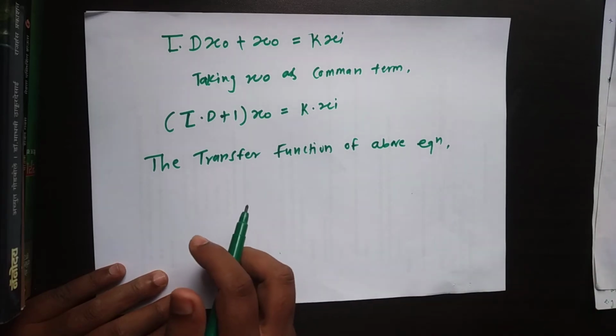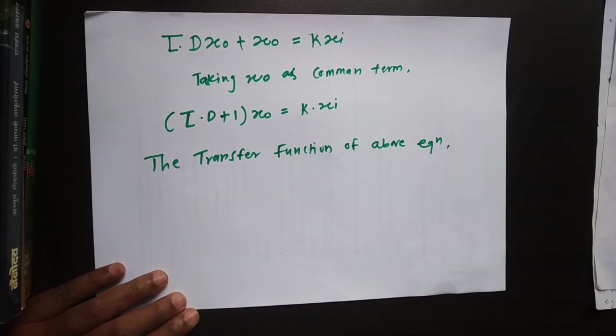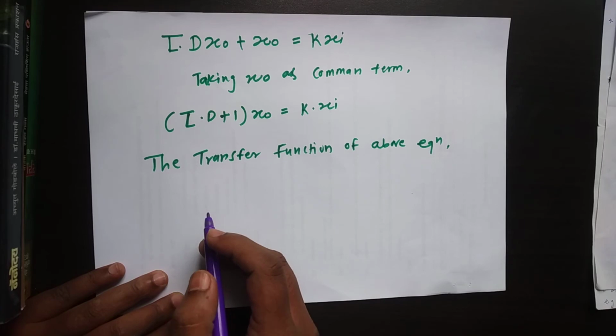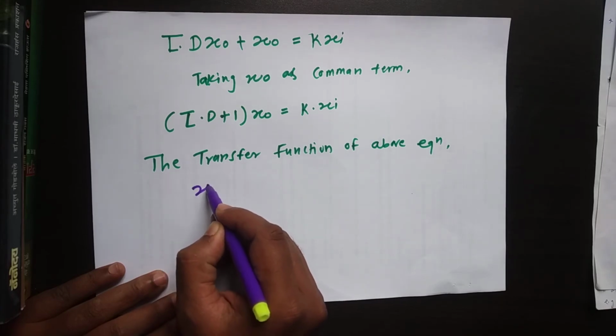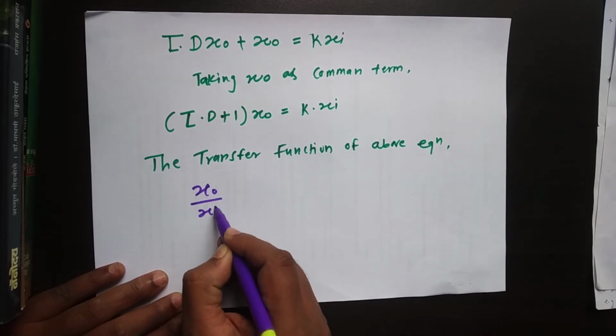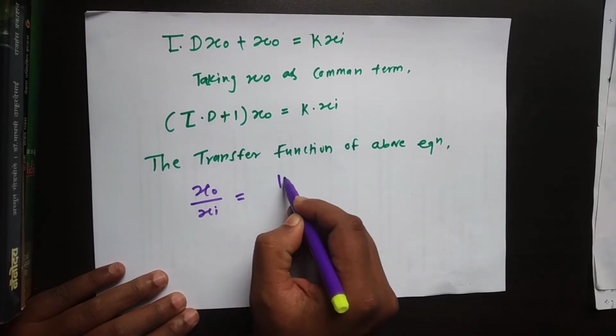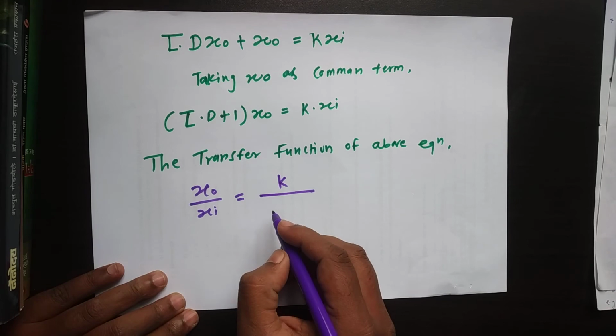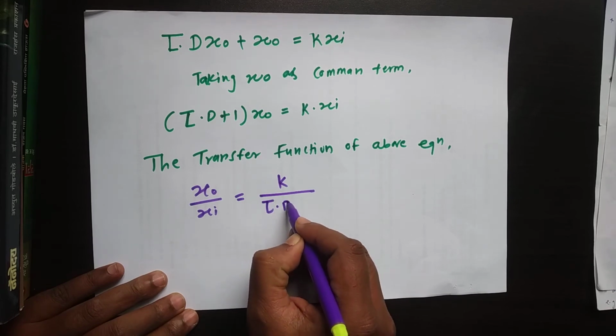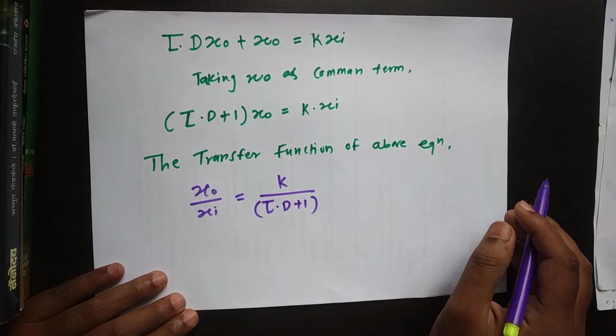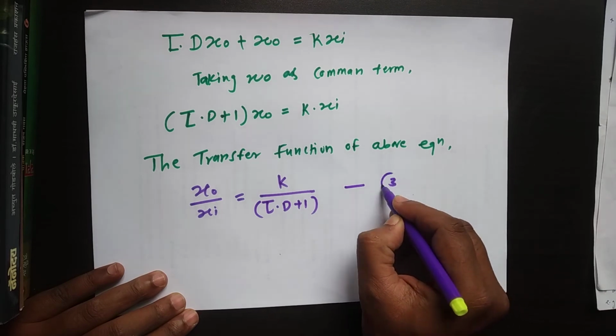If we get the transfer function of the above equation, it is simply x0 upon xi, which with some simple mathematics equals K divided by tau D plus 1. This is equation number 3.